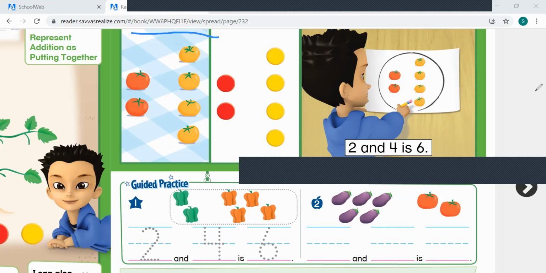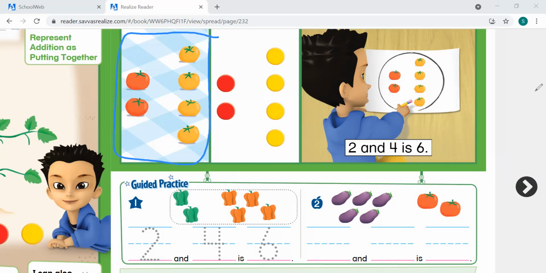Let's go to our next page. All right, let's look at our first box right here. Let's say I picked 2 tomatoes, and then I picked 4 tomatoes. So how many tomatoes did I pick in all? Well, let's look at our next box right here.